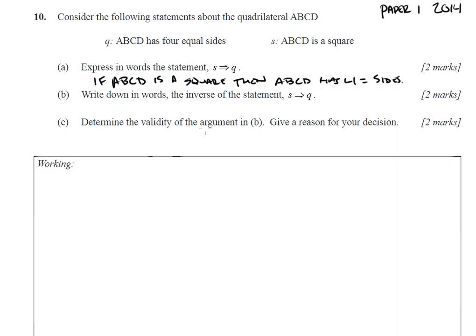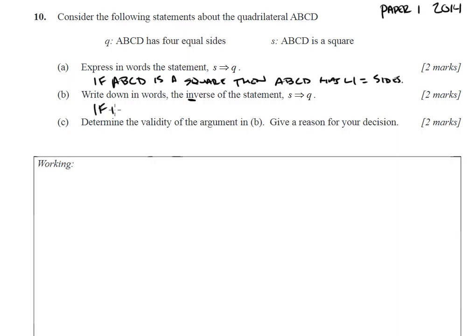Okay. Write down in words the inverse of the statement. So again, for inverse, I always like to look at that second letter. N means the negation of. So write the negation of S implies Q. Basically it's just the nots with all of these.